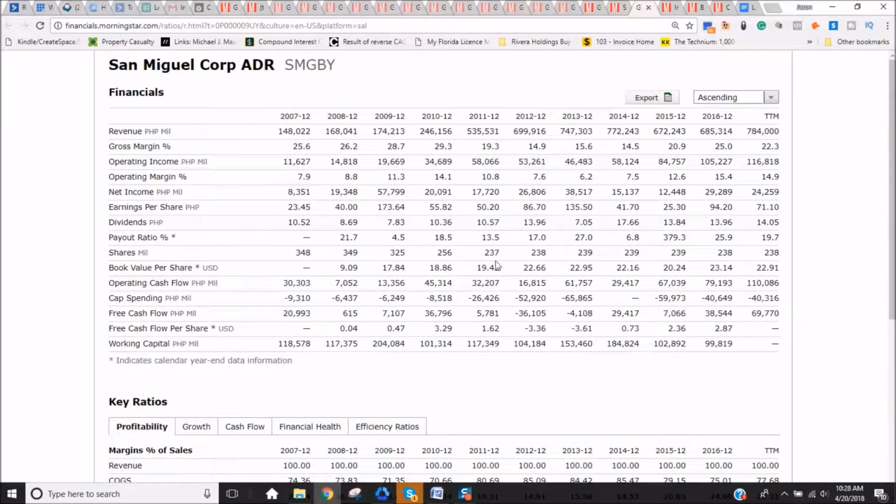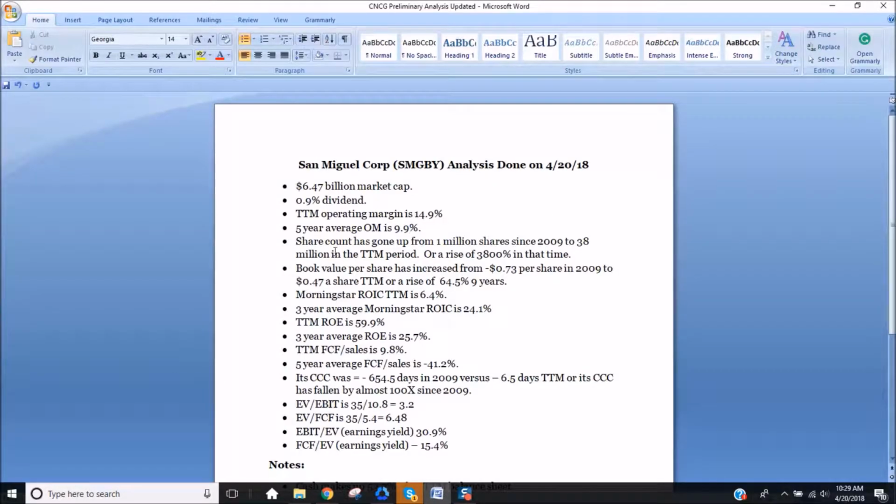Share count has fallen pretty drastically since 2007, which is fantastic.